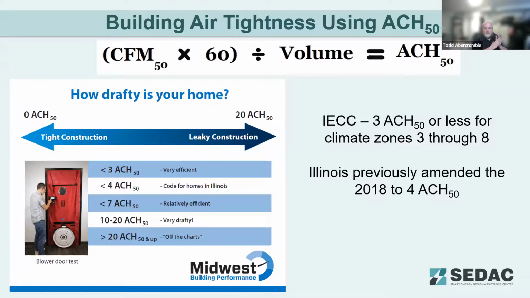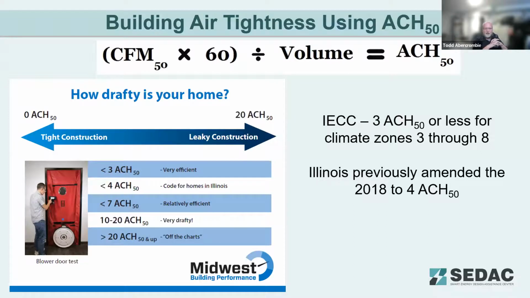And then the test results, the reference by code is on a scale of ACH 50 on the residential side. So the IECC says 3 ACH 50 or less for climate zones 3 through 8. Illinois previously amended the 2018 code to 4 ACH 50.